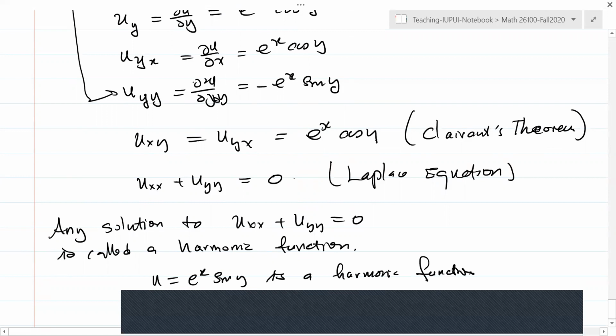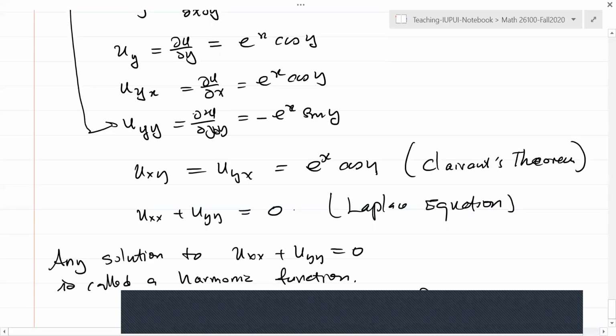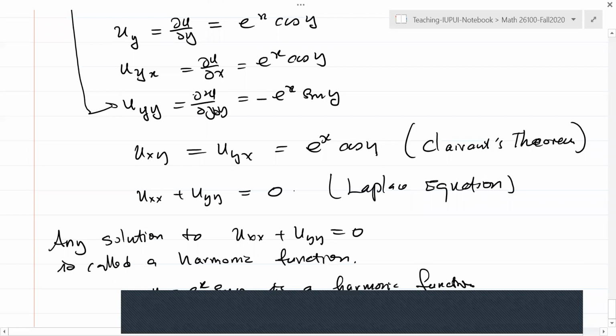That is a nice harmonic function, and you may also find other harmonic functions. There are also wave equations, all kinds of equations. We stop here, and we discussed all these partial derivative notations.